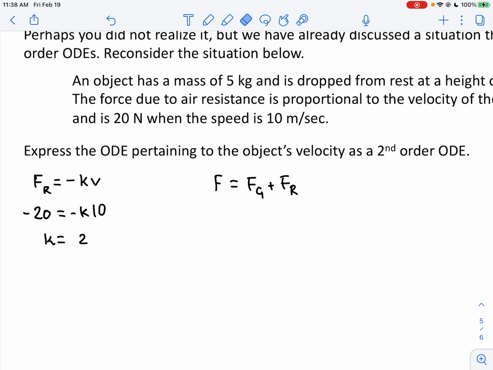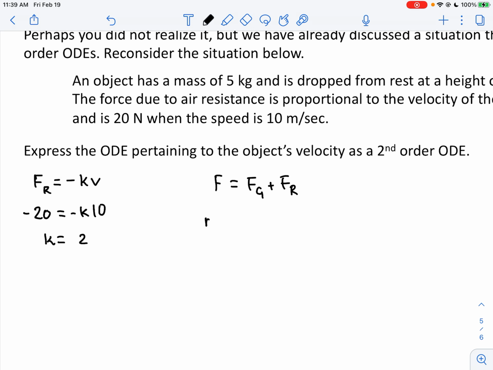The k should be 2. Right, very tricky. Always be mindful which way your forces are being applied and which way your velocities are. So we're assuming that if the object's going up, so velocity is positive 10, then there should be a negative 20 force associated with that. K should be 2.